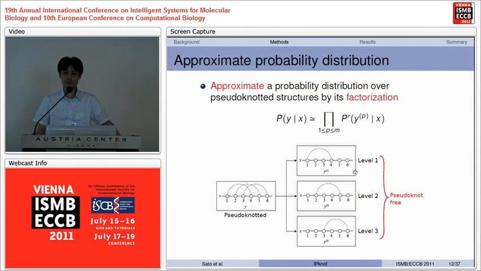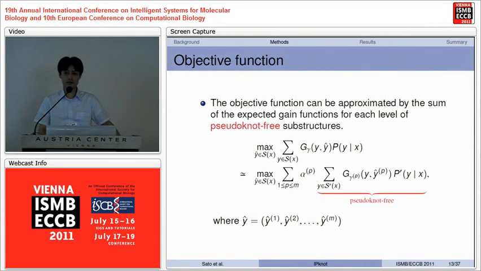We can calculate them very quickly, proportional to n cubed. By using the factorization, the objective function can be approximated by the sum of the expected gain function for each level of pseudoknot-free substructures.